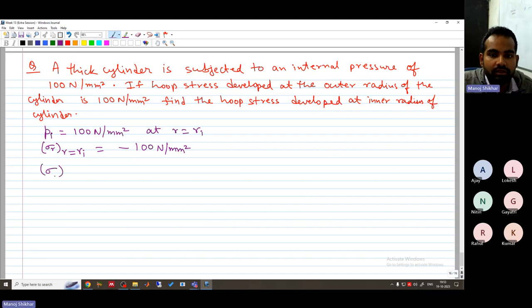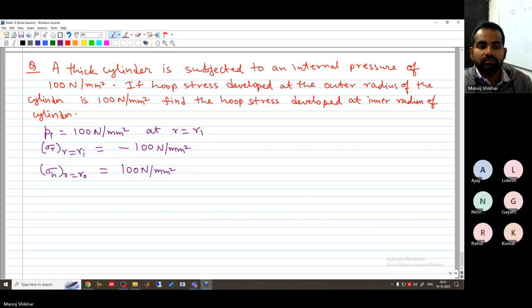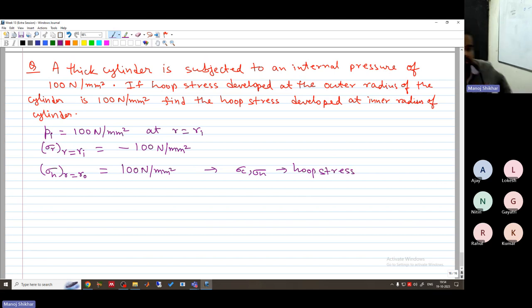Sigma h at r equal to Ro is 100 Newton per mm square. This is sigma hoop or sigma circumferential, whatever you write it. Sometimes it is also written as sigma c. These are hoop stresses, also called circumferential stresses, so depending upon your convention, you can write differently.